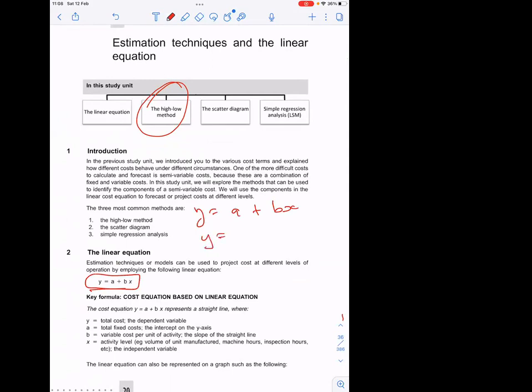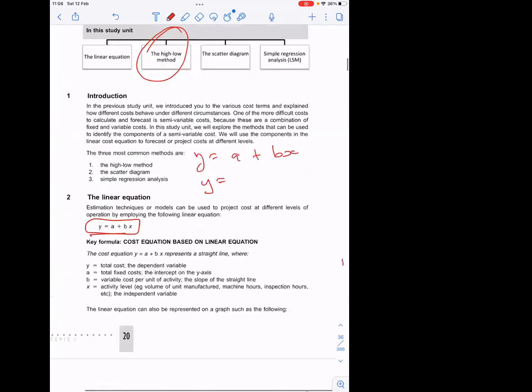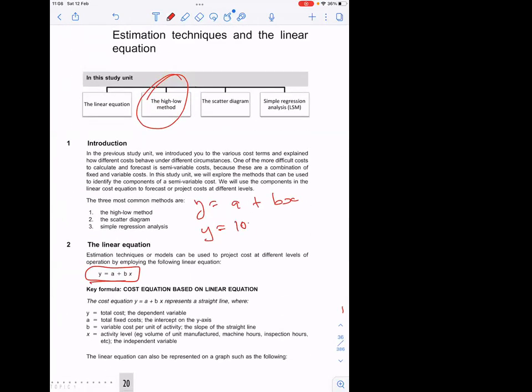So Y is equal to, having calculated your fixed cost, you then substitute 1000 plus b, the variable cost per unit that you calculated using the high-low method, so plus 10x. So now this becomes the equation that predicts costs, with x being the level of output.